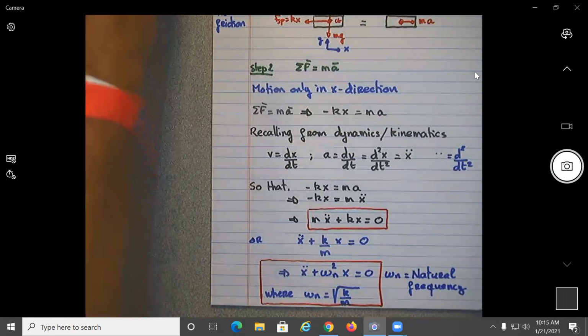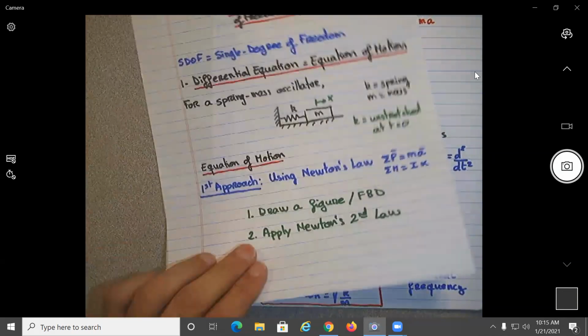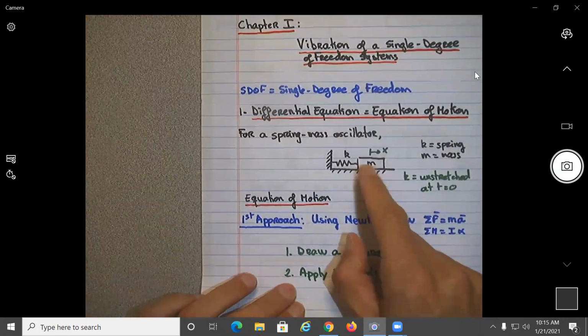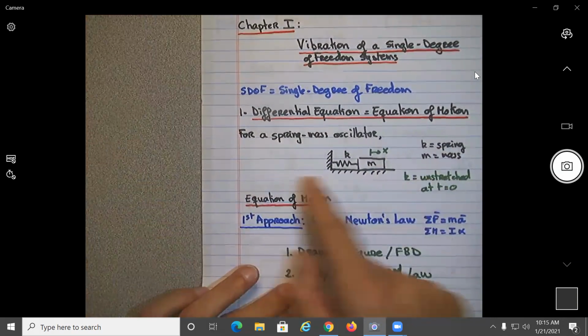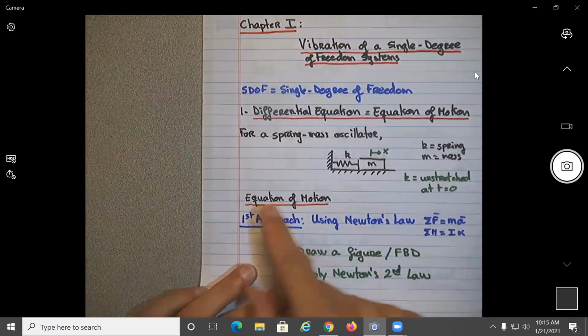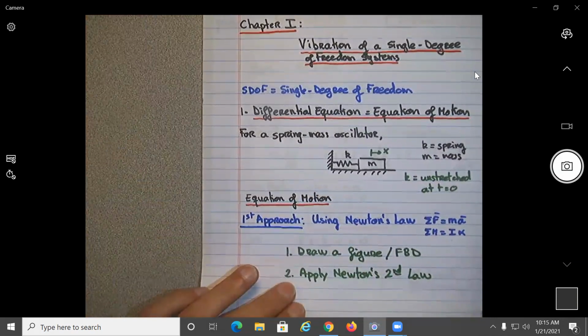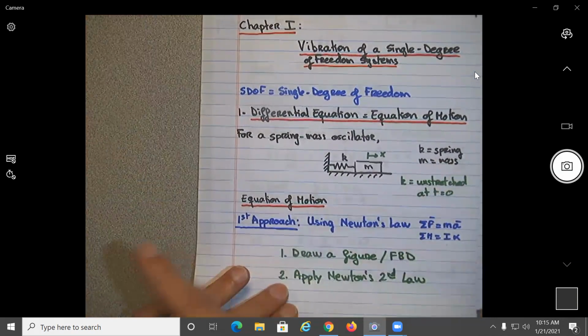So basically, physically, what is that indicating? It is that if we move this mass a little bit to the right and let it go with no friction, it is going to start to move back and forth, okay? And the oscillation is going to happen at a certain frequency, okay? Does that make sense?